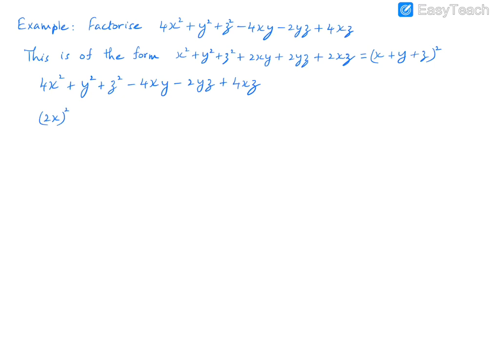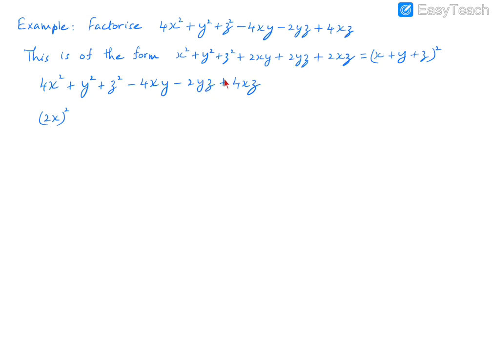The y squared can be kept as it is, plus y squared. But when we look at these combinations, when we have the x and y product, there is a negative sign here. Similarly, for y and z, there is a negative sign here. So that means either x is negative or y is negative. In this case, because there is a negative sign in front of the yz combination, either y is negative or z is negative.